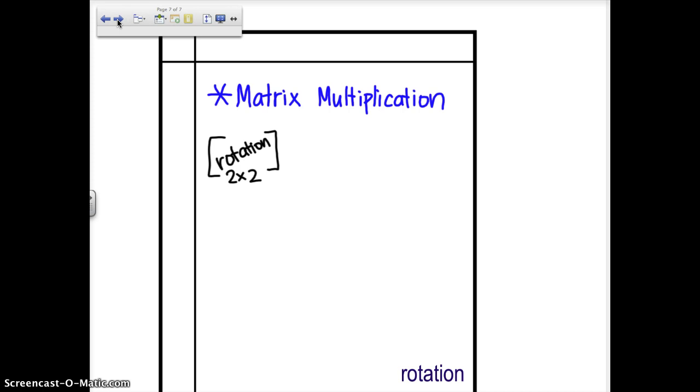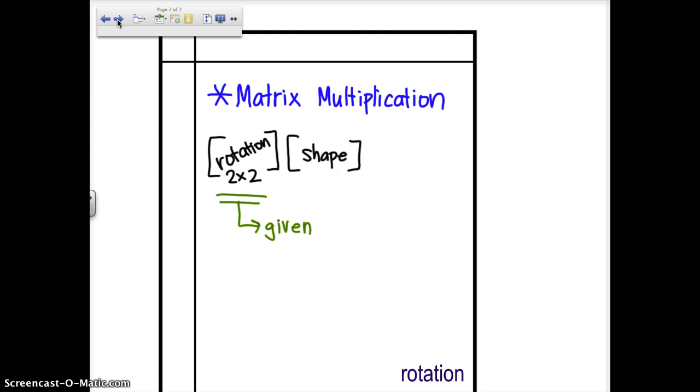It will be 2x2. Then you're going to multiply that by your shape matrix. Okay? This rotation matrix is given to you. You're not going to be asked to know any of them. It will be different every time, and then maybe you'll have to interpret how it is. But no matter what, you're still going to multiply.